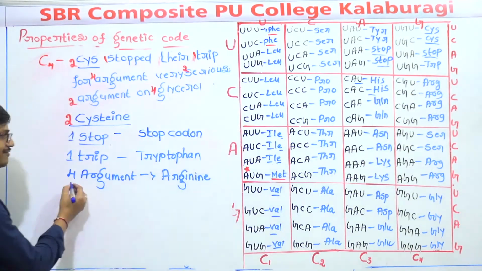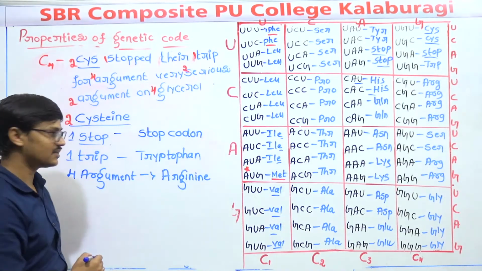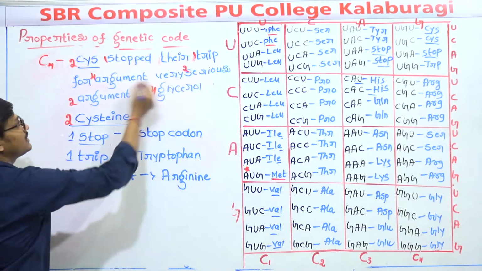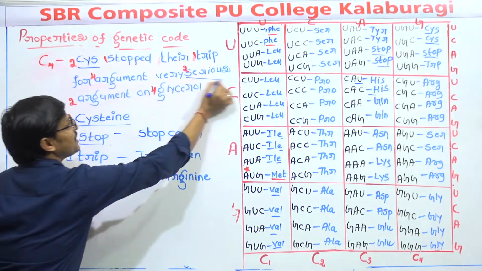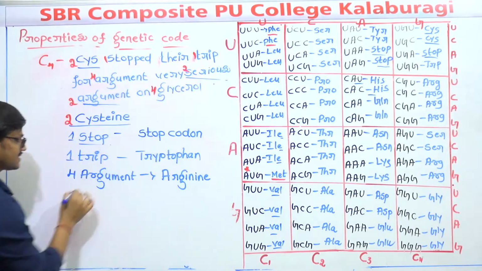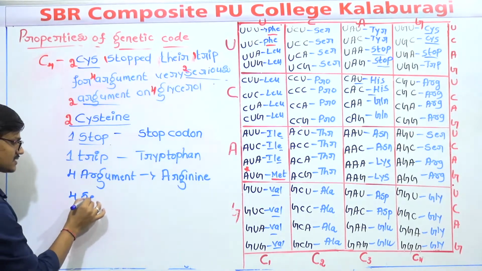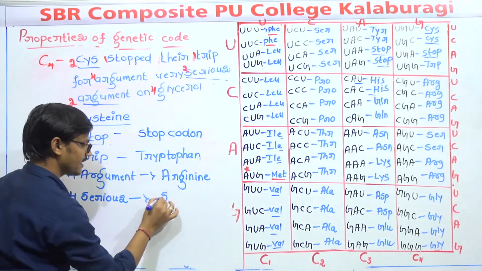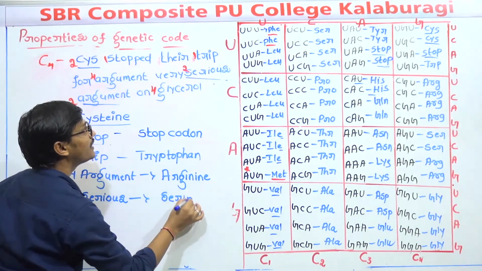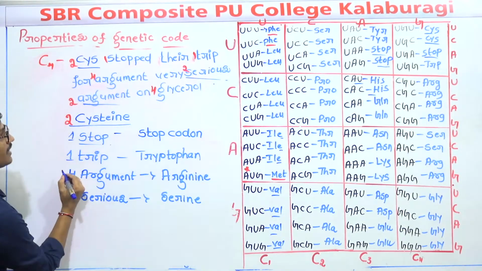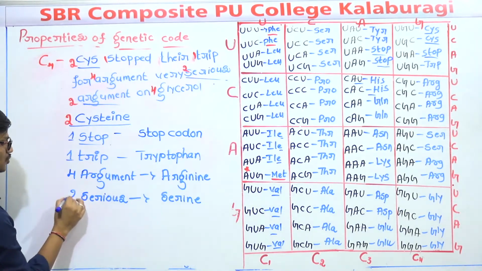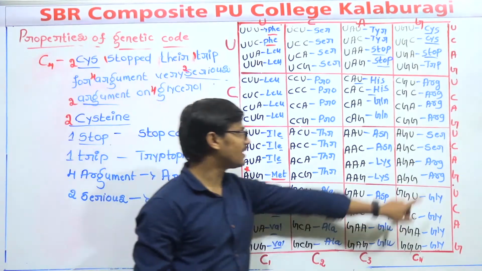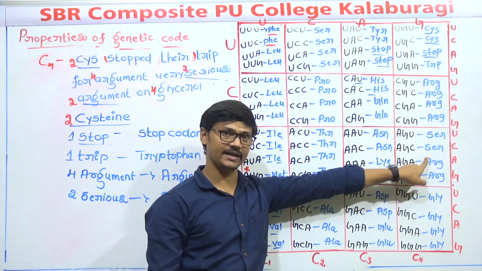That's why 4 arginine. And after argument, I have written serious. Here I have written 4 serious. Here serious means serine. How many codons are there? 2. There are 2 codons for serine.